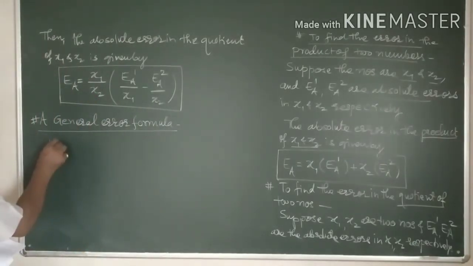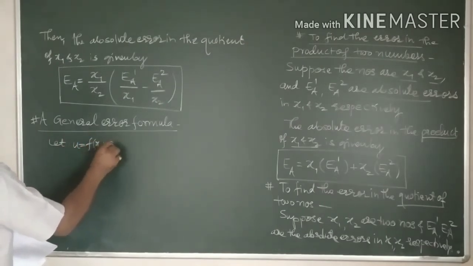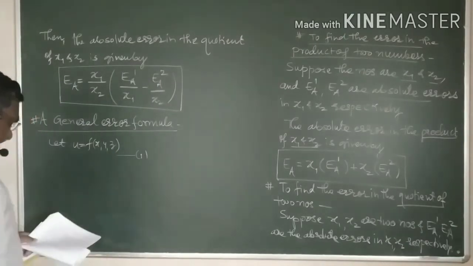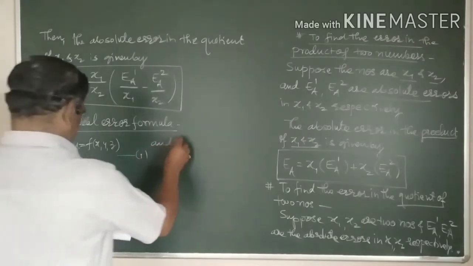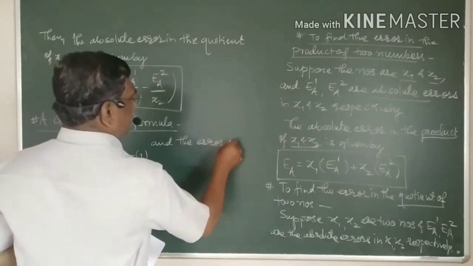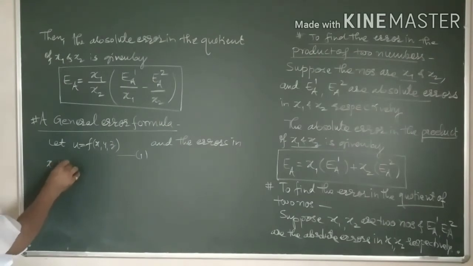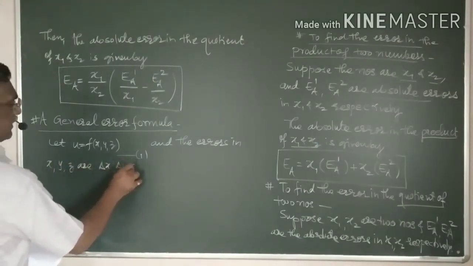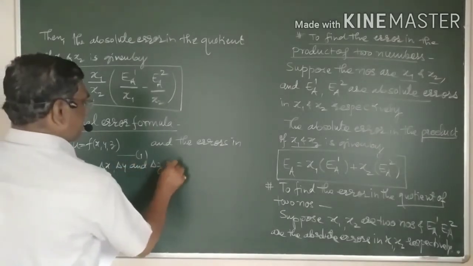Let u is equal to f of x, y, z be a function, let me call this as 1, and the errors in x, y, z are del x, del y, and del z respectively.